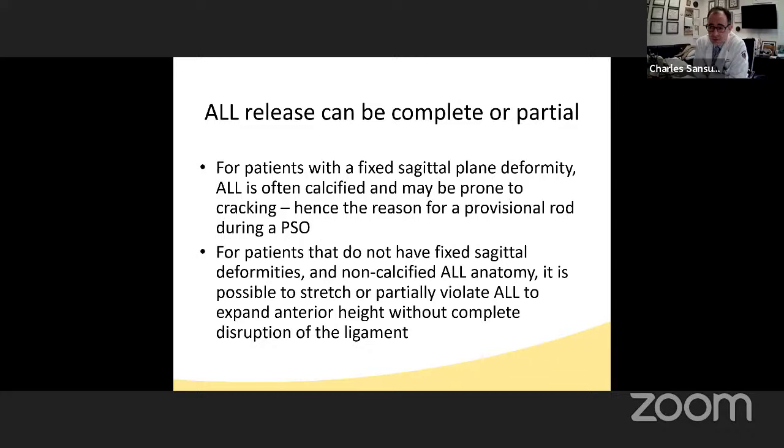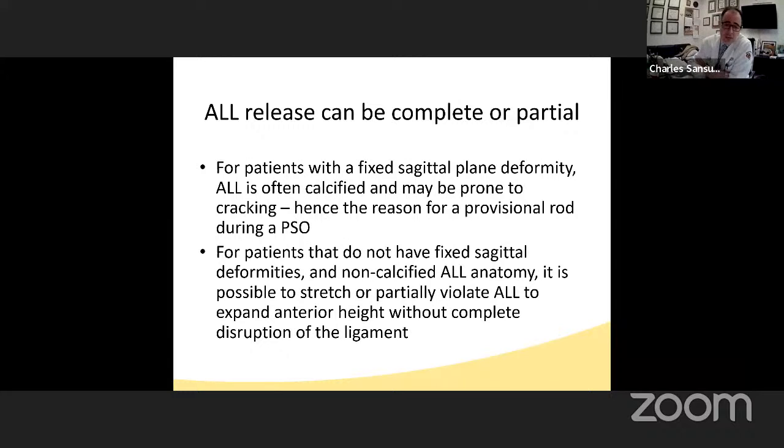And in these circumstances, the anterior column can potentially crack during a standard PSO or 3-column osteotomy. And this is the reason why a provisional rod is necessary, because sometimes it can crack in an uncontrolled way and significant translation can occur.